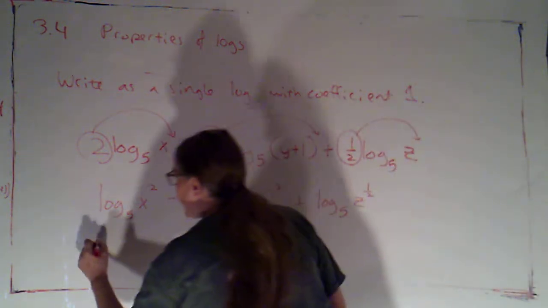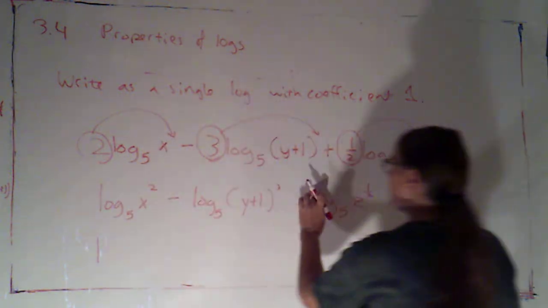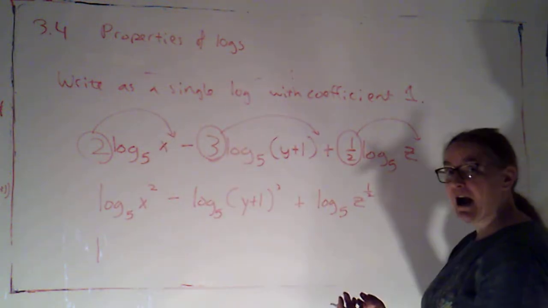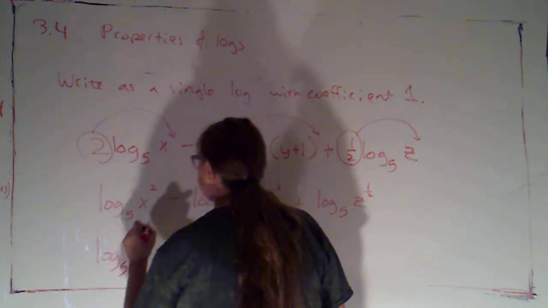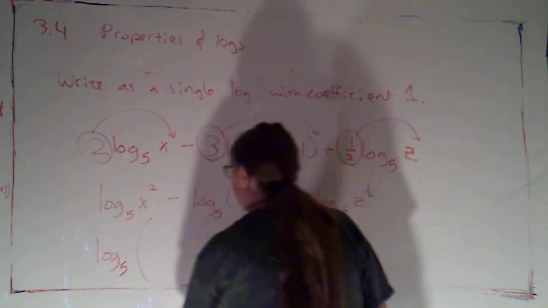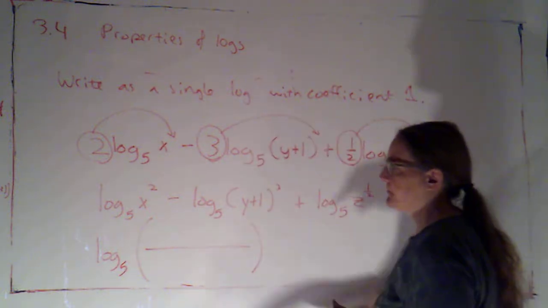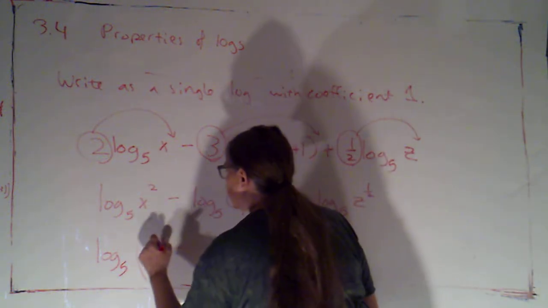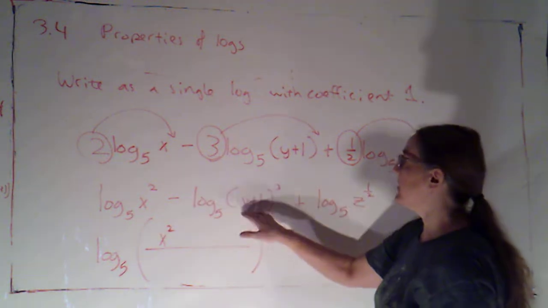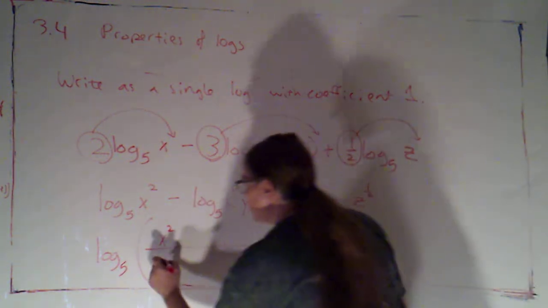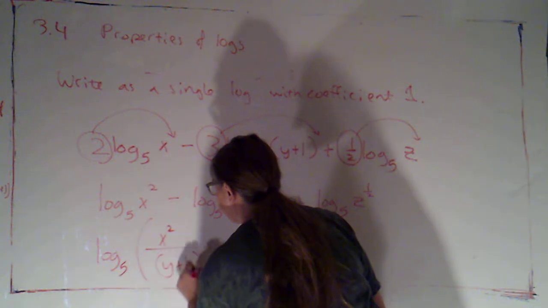Now I can combine these. Once I've made my coefficients 1, now I can use my product and quotient rules. So I can say this is going to be the log base 5 of a single fraction. That has a positive log, so the x squared goes on top. That has a negative log, so the y plus 1 cubed goes on bottom.